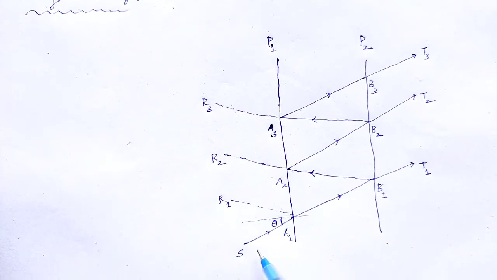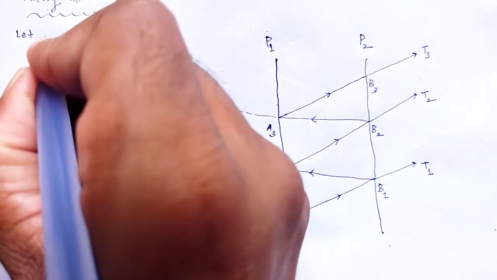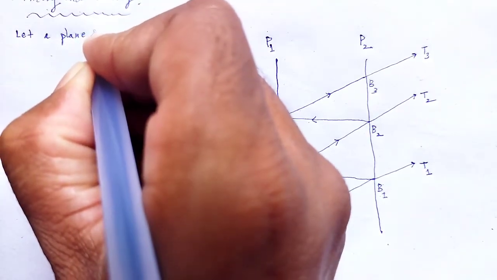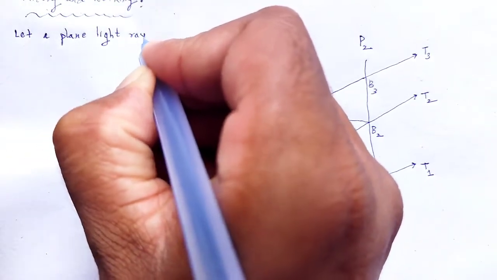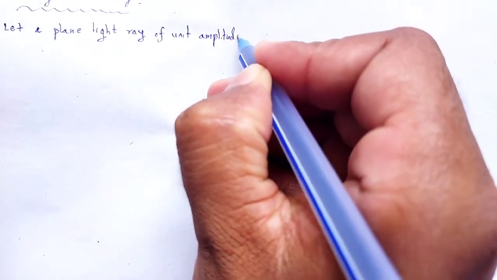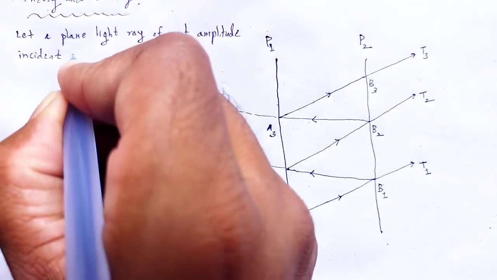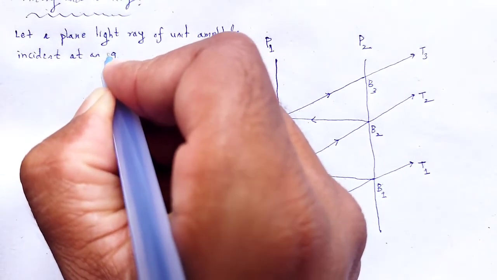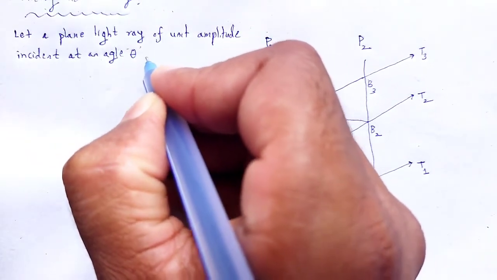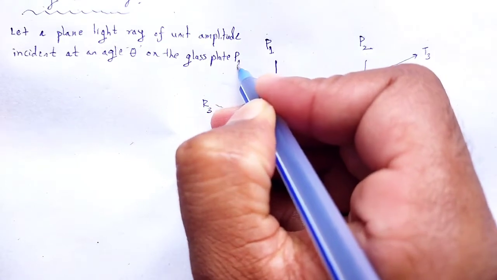Let us take a plane light ray of unit amplitude incident at an angle theta on the glass plate P1.